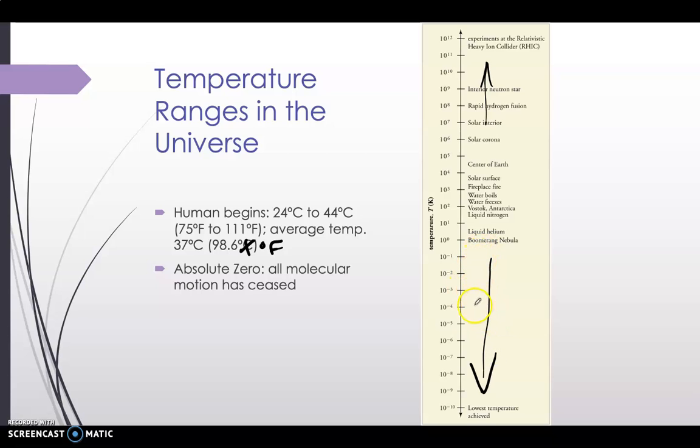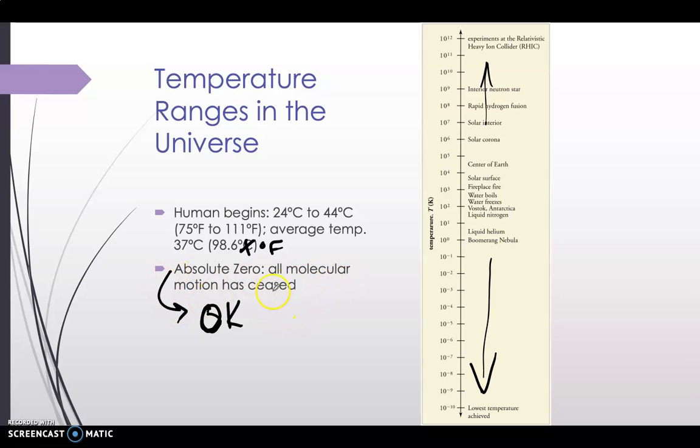Now, obviously, we don't have very many things that are very cold. And that's because as you get to 0 Kelvin, molecular motion stops, okay, like I mentioned earlier, that's at absolute 0.